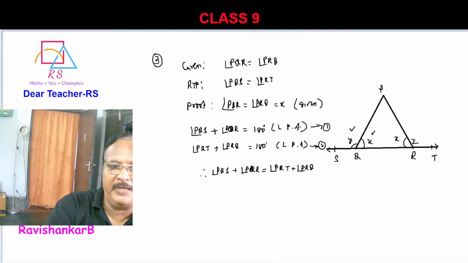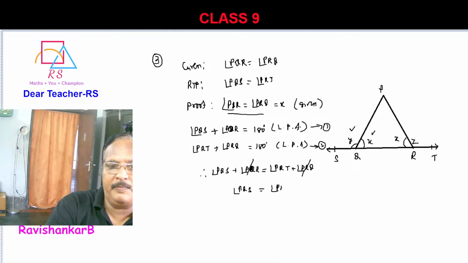Because these two, PQR and PRQ, are equal, we can cancel it. So therefore angle PQS is equal to angle PRT. This is how it is to be proved. Okay. So actually I can prove like this also using the letter Y plus X is equal to 180 degrees.